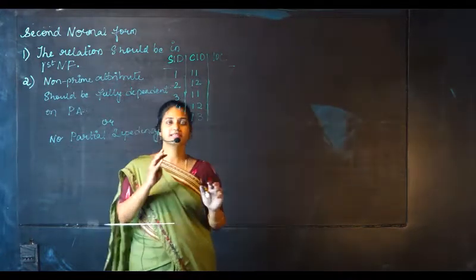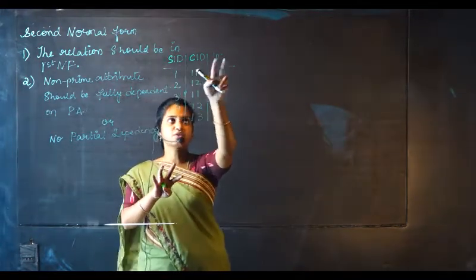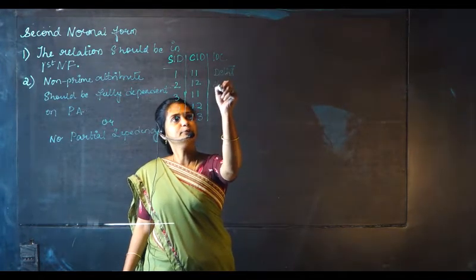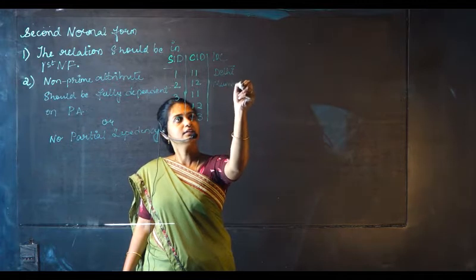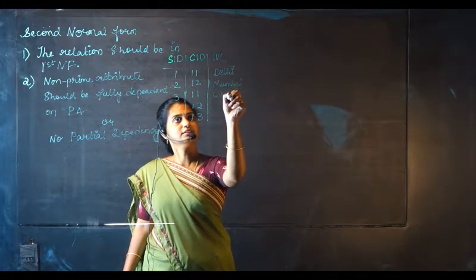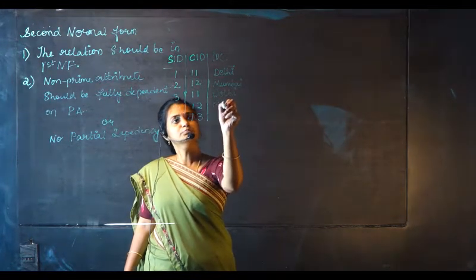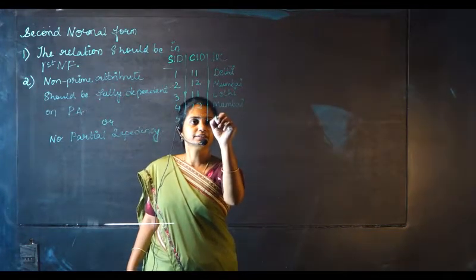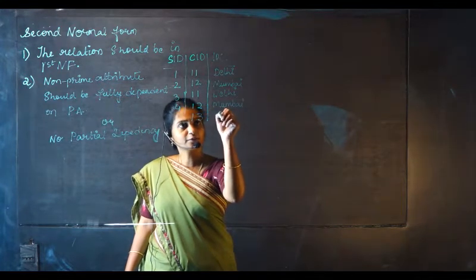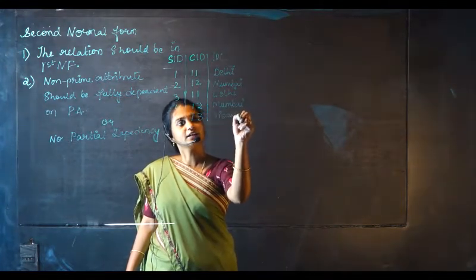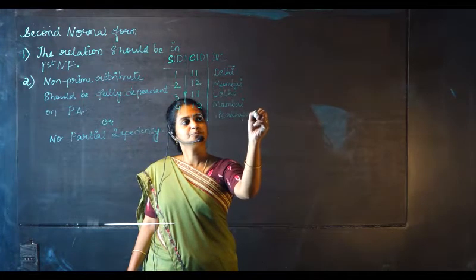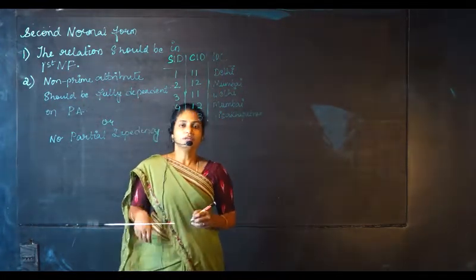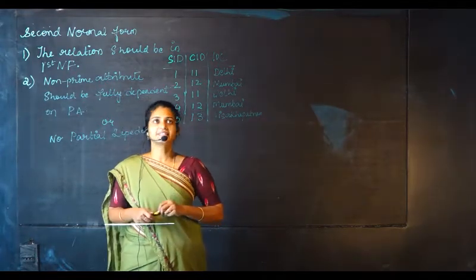So this is the example for student ID, course ID and location. Here I'll take Delhi, Mumbai, Delhi, Mumbai and Vishakhapatnam.